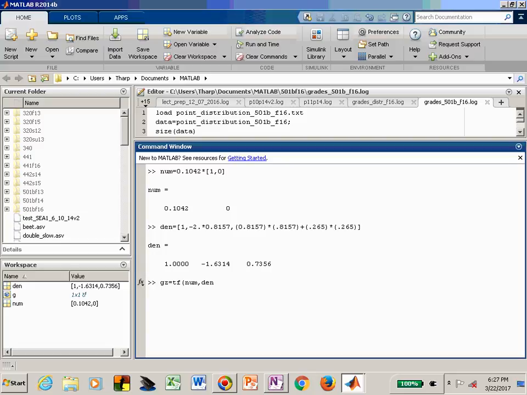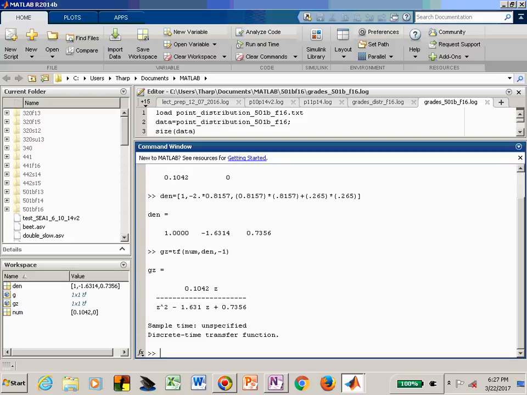Let's just suppose, but if I didn't have a sample period, I could just tell MATLAB, you know what, I don't know what it is, I'm going to just say it's minus 1. And MATLAB's smart enough to know that you don't have a specified sample period. It's just unspecified if you put in the T of minus 1.